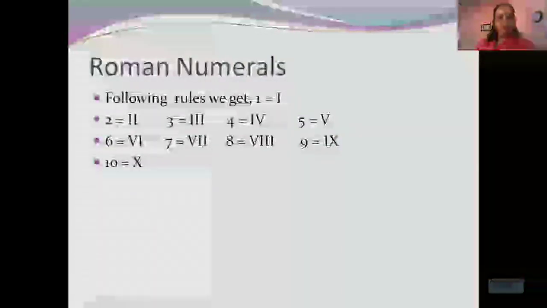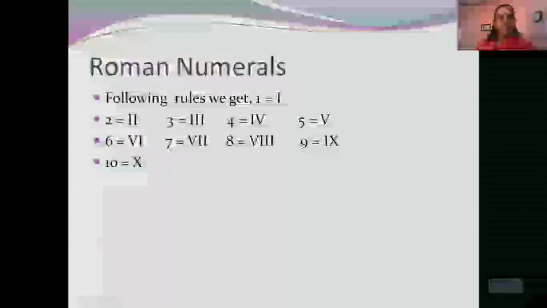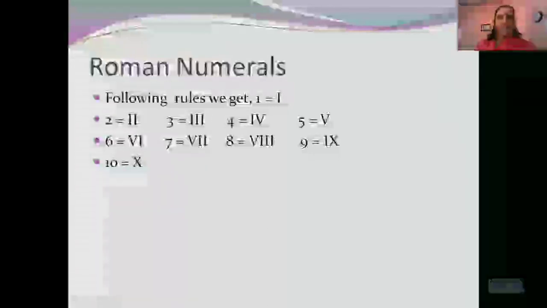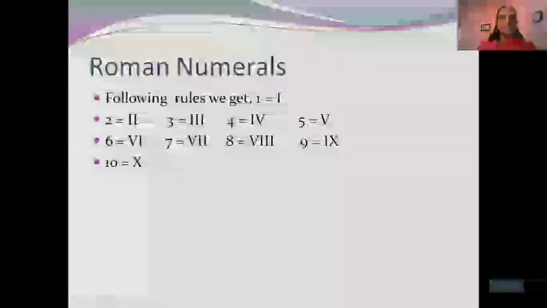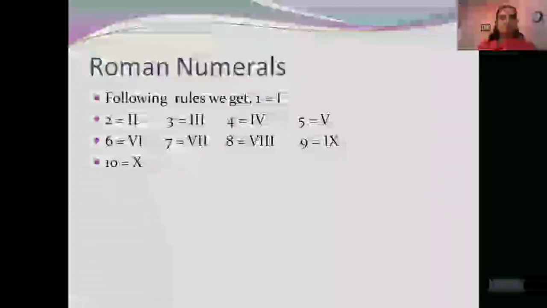The Roman numeral for 1 is 1 vertical line, for 2 it is 2 vertical lines, for 3 it is 3 vertical lines, and for 4 it is 1 vertical line and V. For 5 it is V, for 6 it is V and 1.